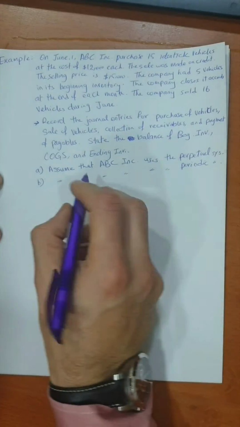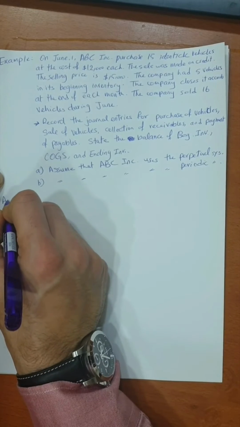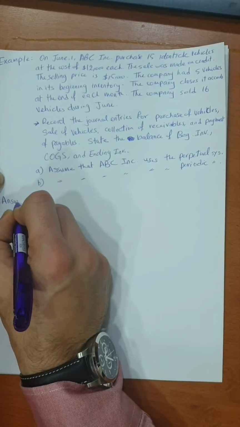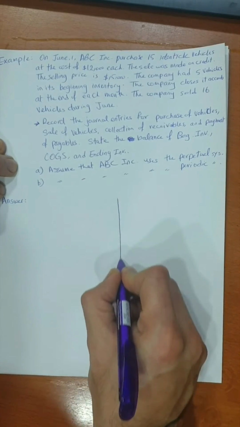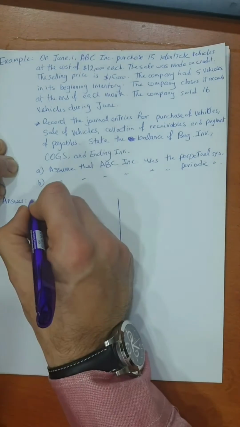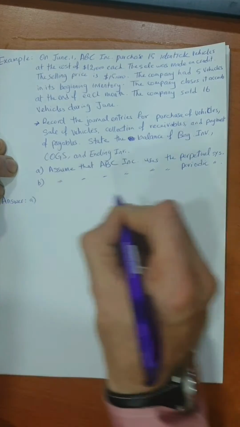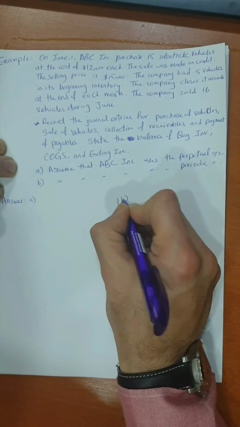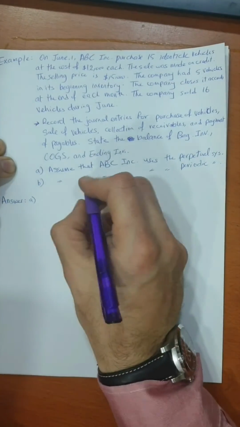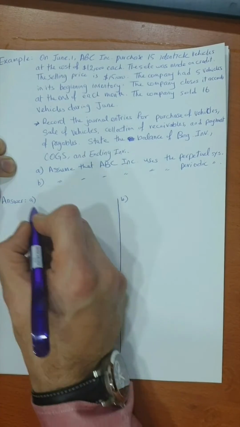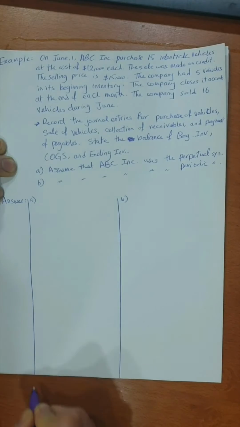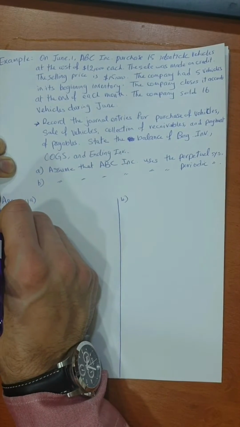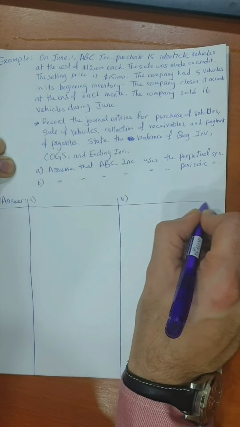So, part A, answer. I'll do them like this. Part A and part B. In part A, so actually I'll do one more thing, that I'll do this thing here, and then I'll do like this.